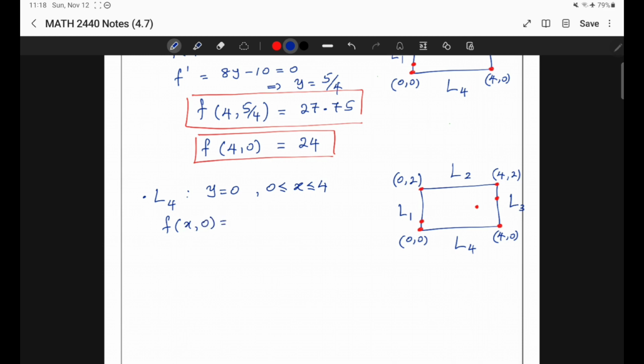Plug y equals 0 into the function and we should get x squared minus 4x plus 24.